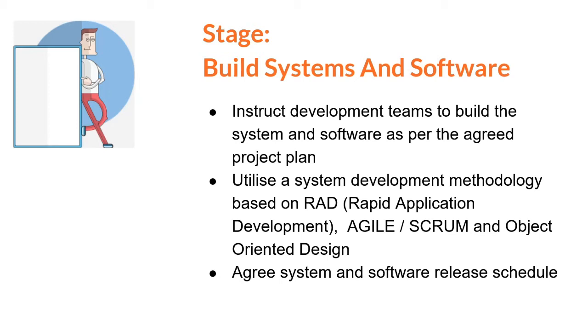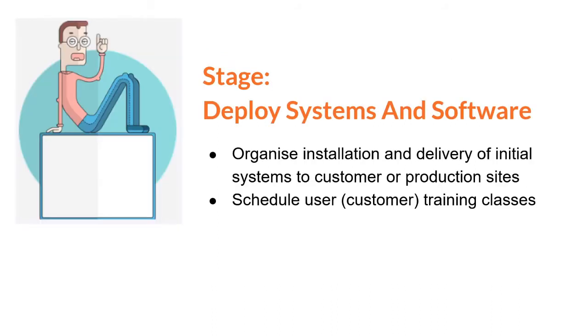So in this stage we deliver the new system and software to our customers to start using on the live system. Once it's installed on the customer systems, we organise customer training classes, so we train the customers and users on how to use the new system and get them familiarized with it.